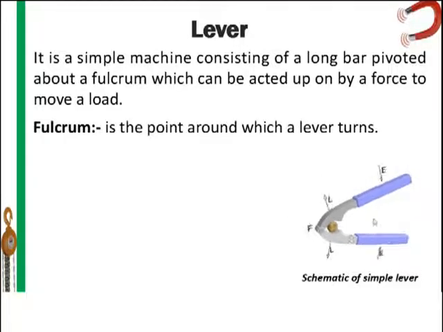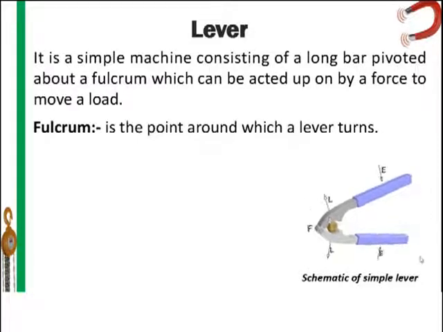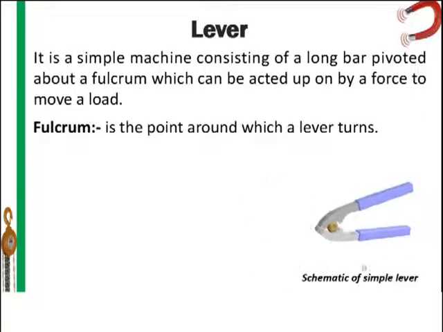If we were to draw the motion of these levers, they would be moving around the fulcrum, which would be the point at the center of the motion, if we could imagine them moving in this circular motion clockwise and anti-clockwise.